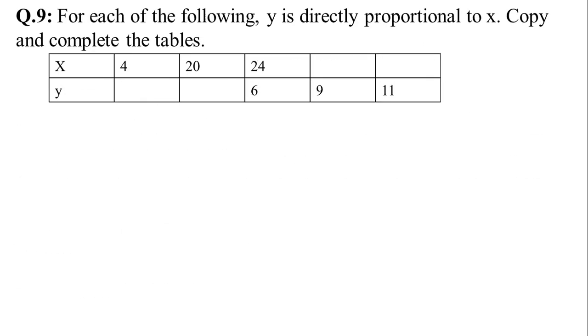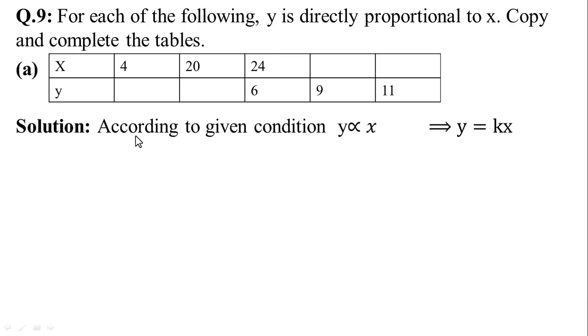For each of the following, y is directly proportional to x. Copy and complete the table. In this table, we will see x and y values. Some values are missing, but first of all, we write the given relation, y is directly proportional to x. Now, in part A, according to the given condition, y is directly proportional to x.